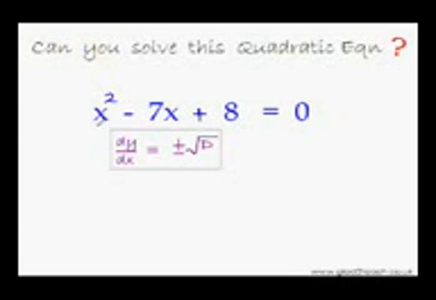So the first derivative of this term x square would be 2x. That is, simply pull down this power from the top and put it as the coefficient. And similarly, the first derivative of this term minus 7x would be just minus 7. That is just the coefficient.